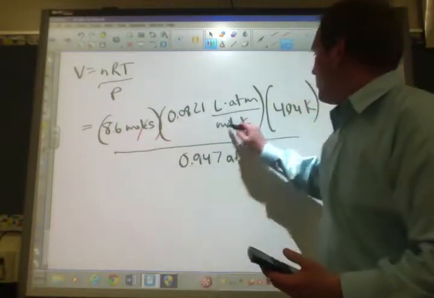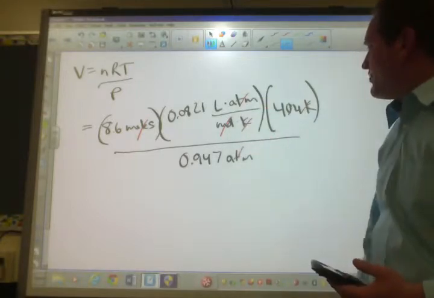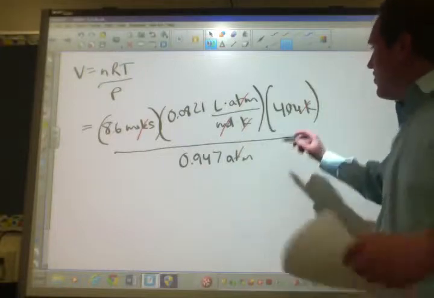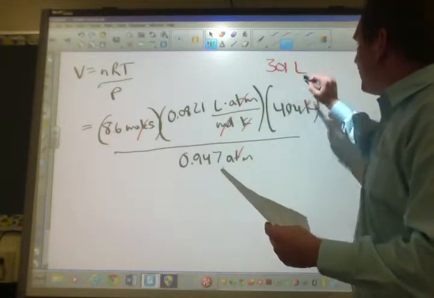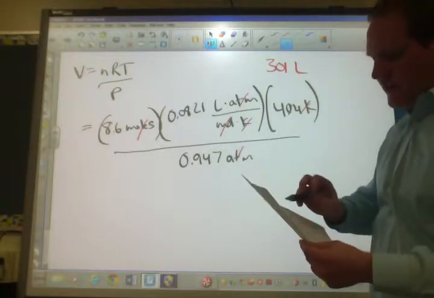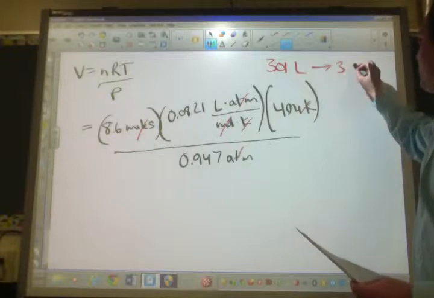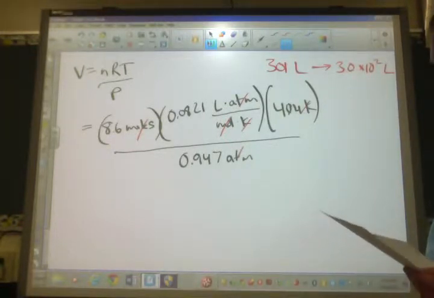Mole cancels mole, Kelvin cancels Kelvin, atmosphere cancels atmosphere. We're left with liters. So my answer is 301 liters, but looking at sig figs, I need to report 2 sig figs. The only way to do this is 3.0 times 10 to the second liters. And that's my answer.